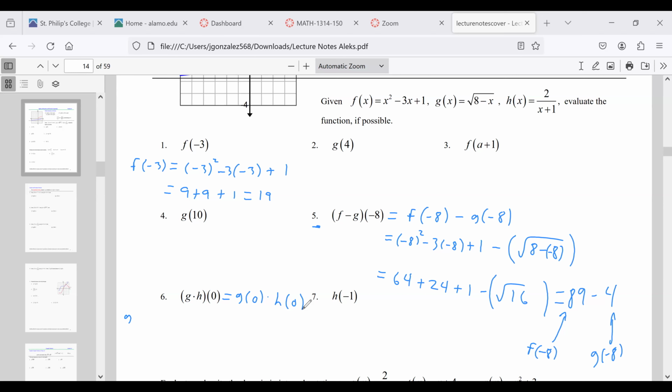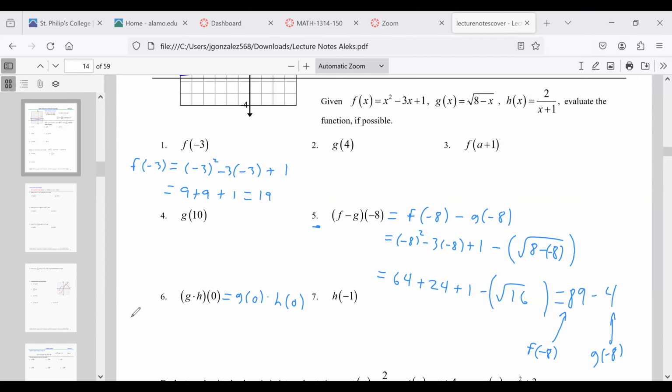The G of zero. This one. Every time you input the number that they give you, you have to put it in parentheses, right? So one more time.